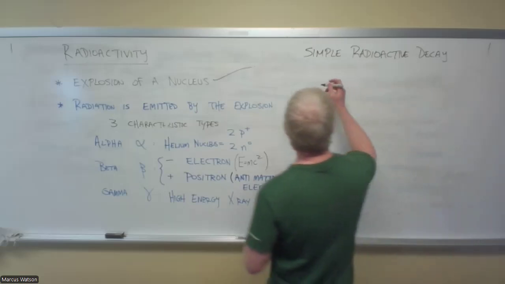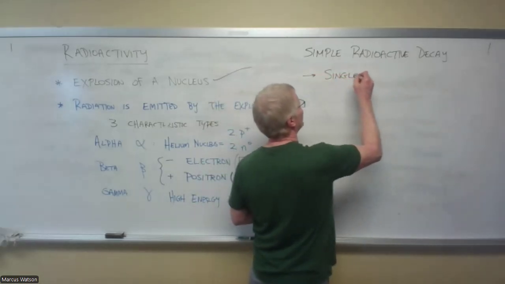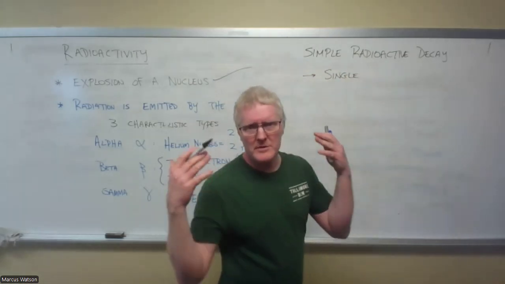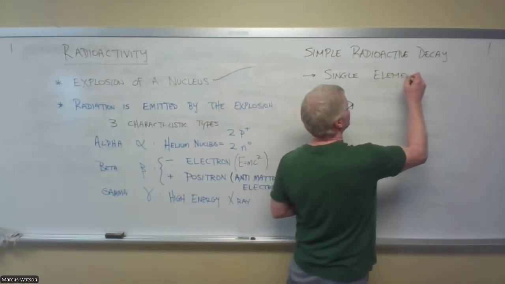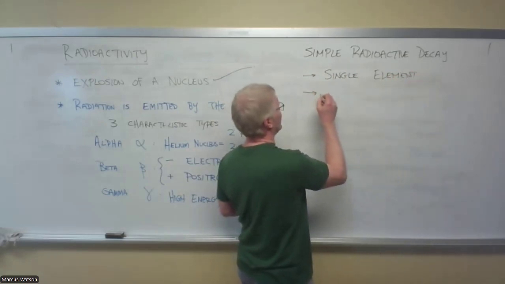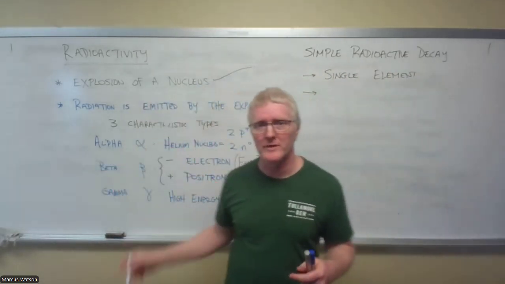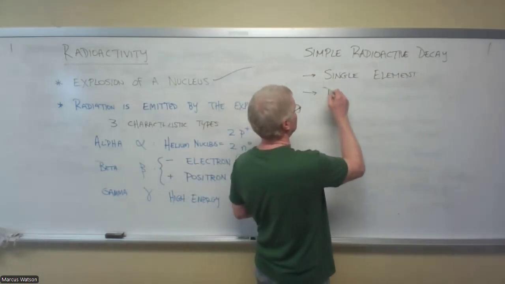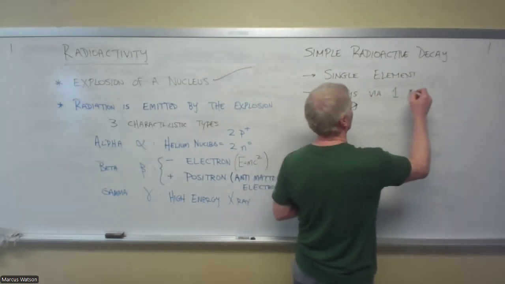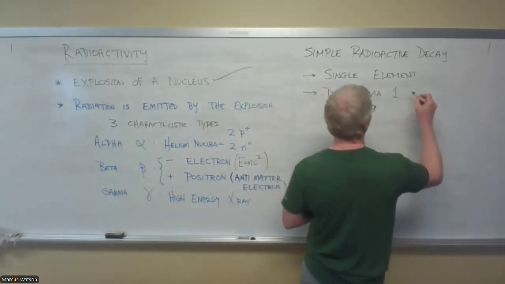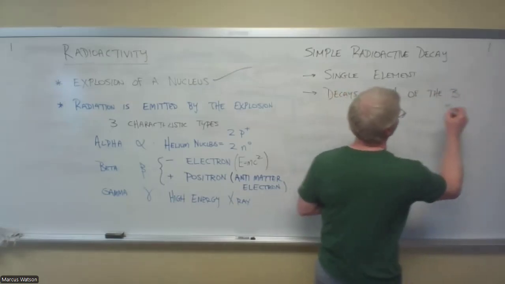Anyway, simple radioactive decay, where we start with a single element, a single radioactive species. And we just imagine that it ejects only one of these, decaying via one of the three types.